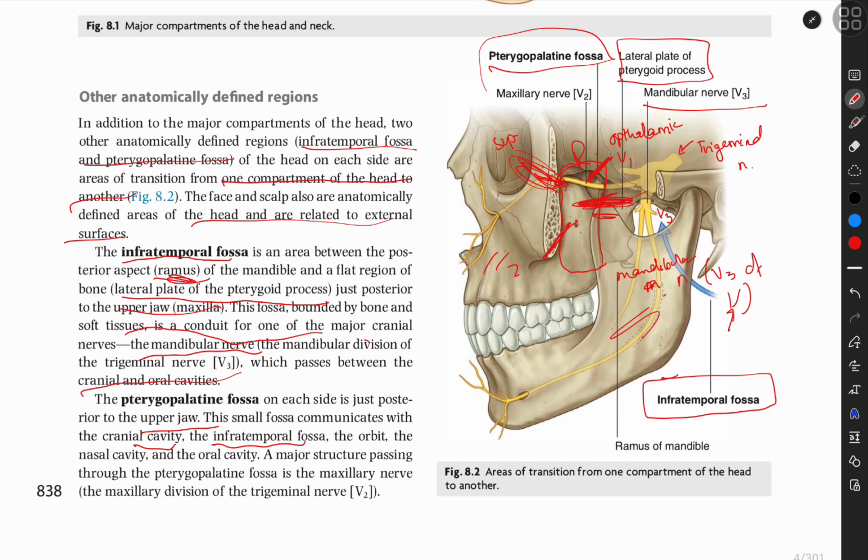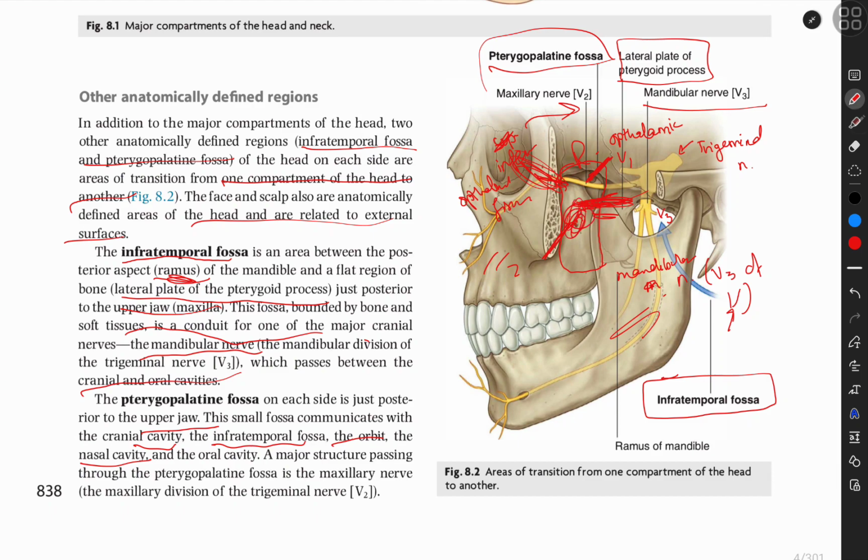This is the superior orbital fissure, I think. So this is inferior. Superior opens into the cranial cavity. Inferior orbital fissure, and the infratemporal fossa, the orbit, the nasal cavity. I forgot, but there has to be something here.